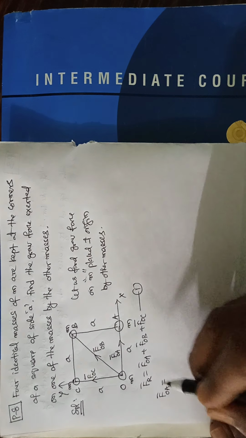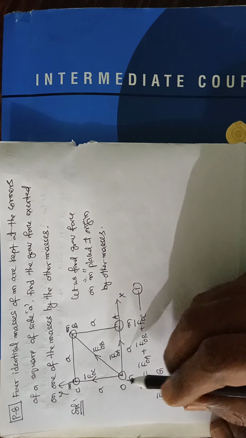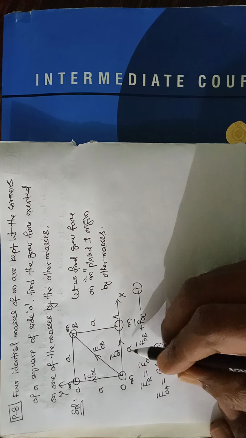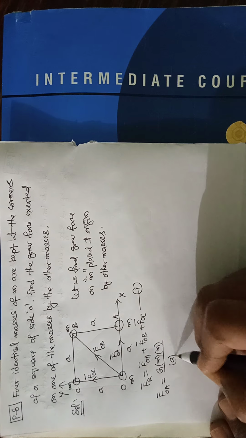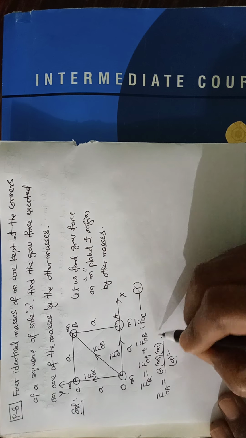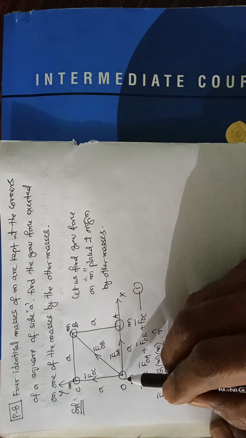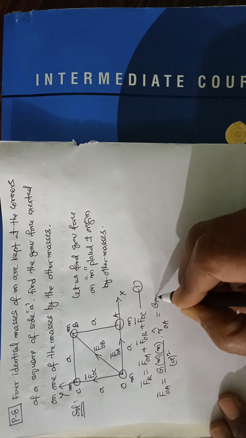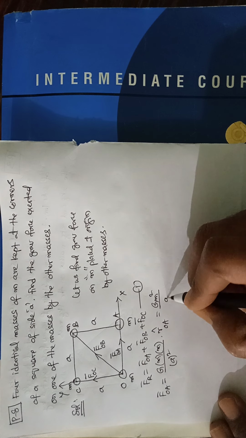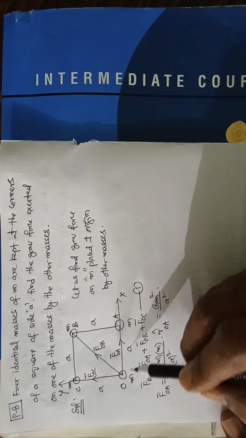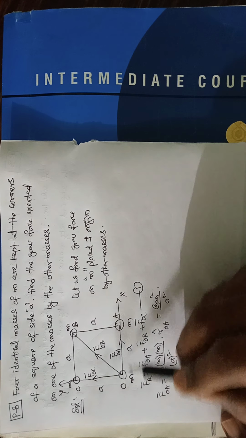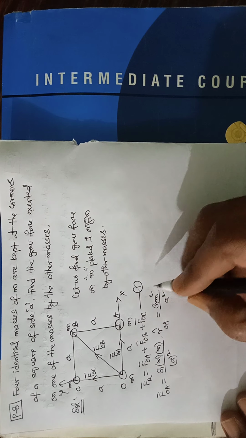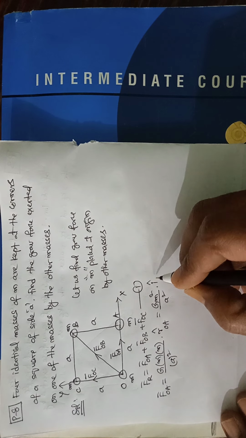Force on O by A is G M into M by distance A square into unit vector along OA, which is GM square by A square. Unit vector along OA is along positive x-axis, therefore the unit vector is I.